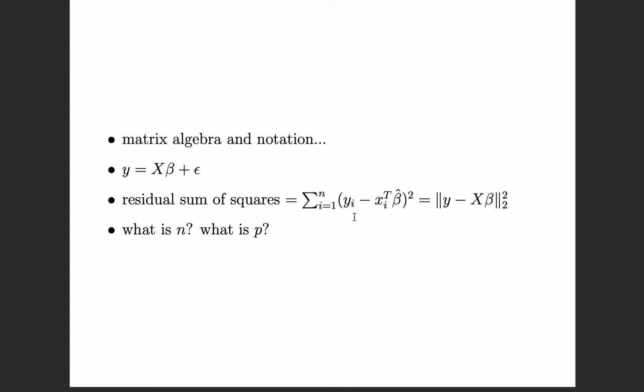With the residual sum of squares, where yi minus xi transpose beta hat, squared, which can be written in this form, y minus X beta, this is called the L2 norm. So what is n and what is p is always the question we should ask, because throughout this semester we will use n and p to refer to the sample size and the feature size.